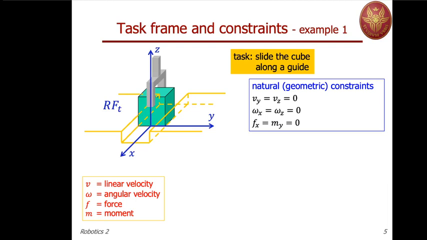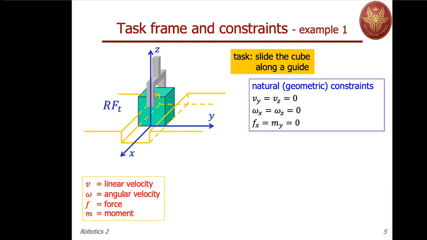So Vz is equal to 0 as well. Similarly, you cannot rotate around the x-axis or the z-axis because the sides of the cube are in contact with the sides of the guide, and this will prevent any rotation around the x and z axes.